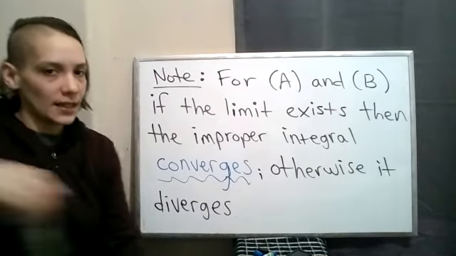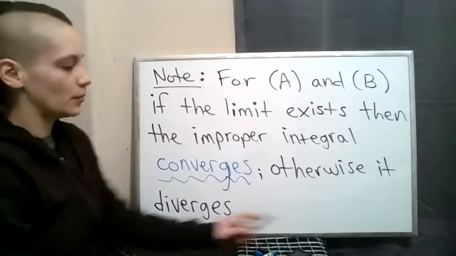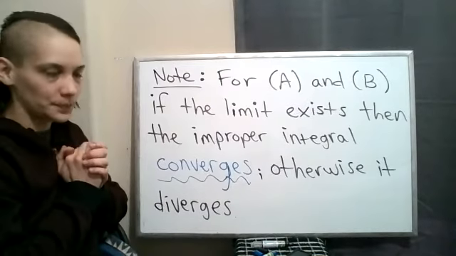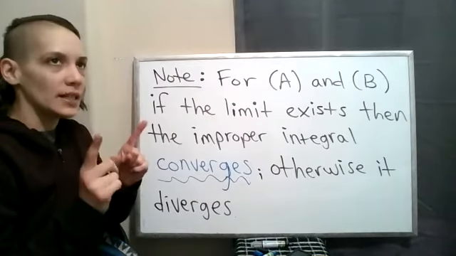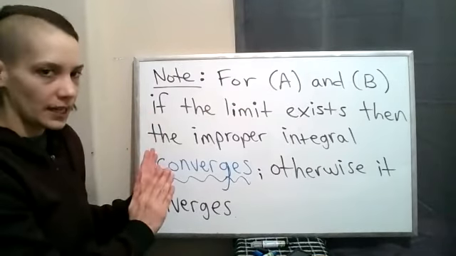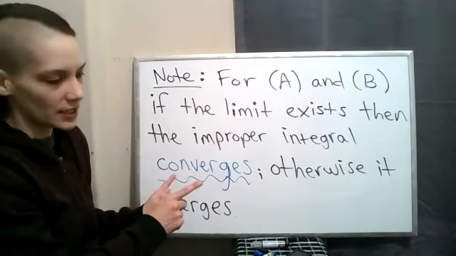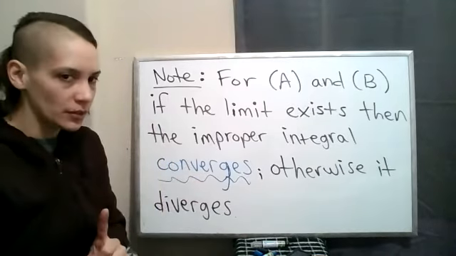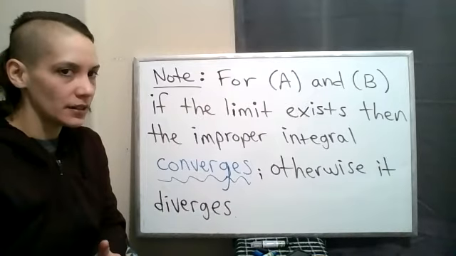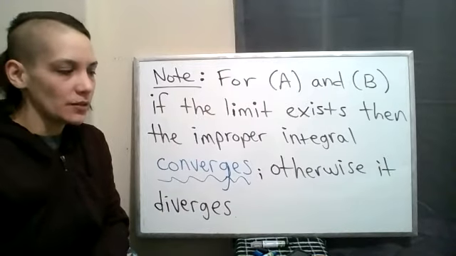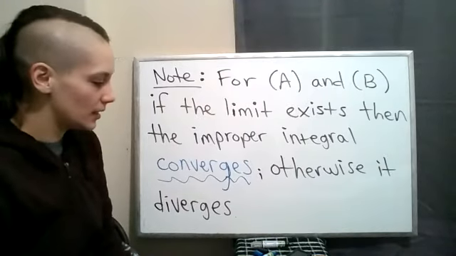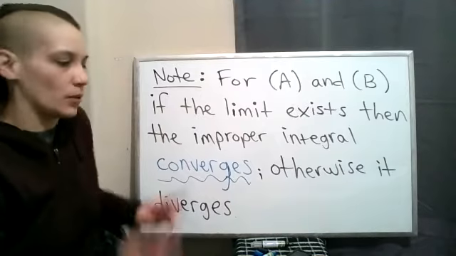Part C, let's see, we're going to get there in a second. Part C, the integral on the left side diverges if either of the integrals on the right that you're adding together diverge. So if either of the other parts diverge, it makes the whole thing diverge.